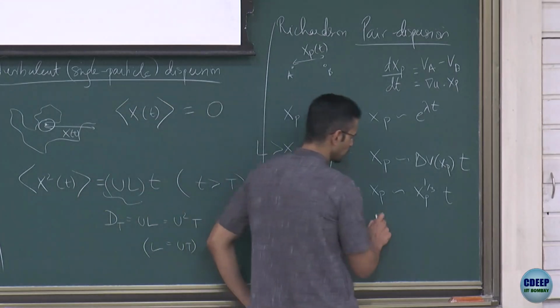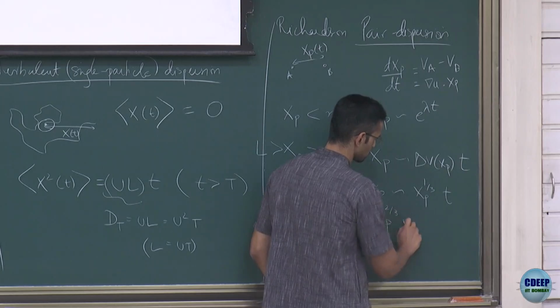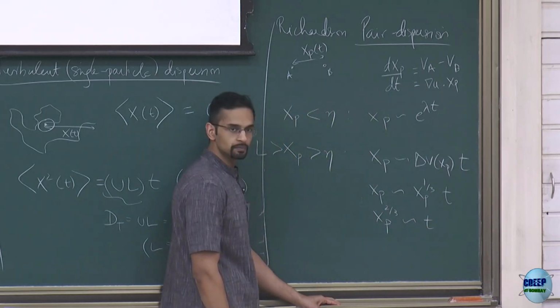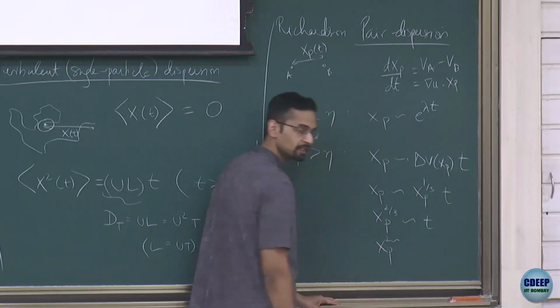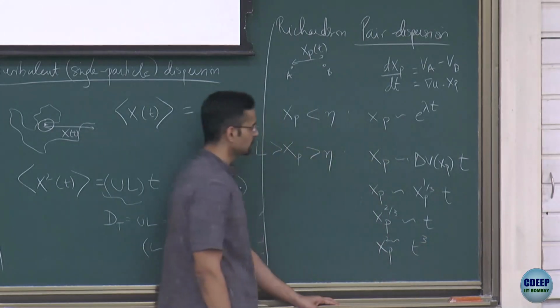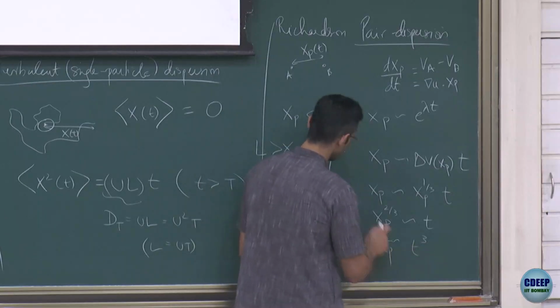So that means I will have, right, which means that xp square, the mean square displacement, will go like t cube, or the root mean square will go like t to the 3 by 2, right?